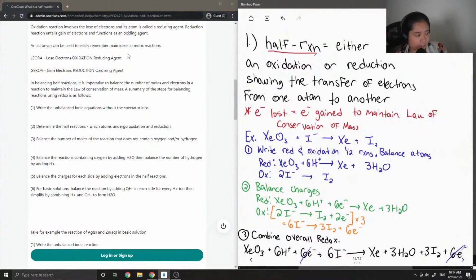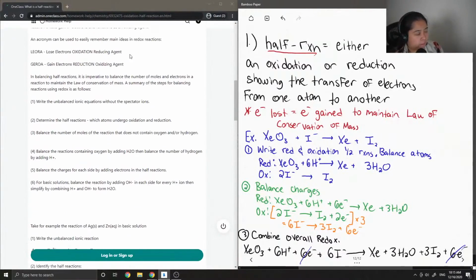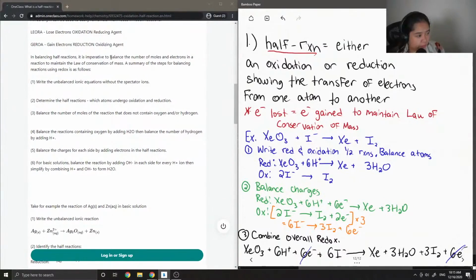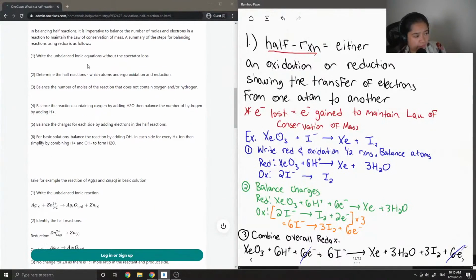I personally use LEO GER or OIL RIG, which is oxidation is losing and reduction is gaining electrons. But you can use any of these different acronyms. In balancing half reactions, it is imperative to balance the number of moles and electrons in a reaction to maintain the law of conservation of mass.